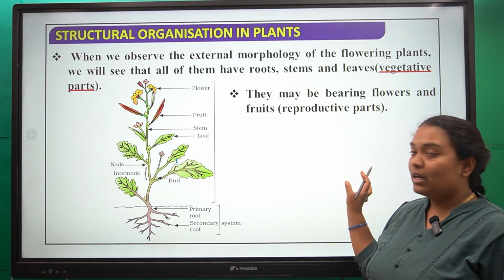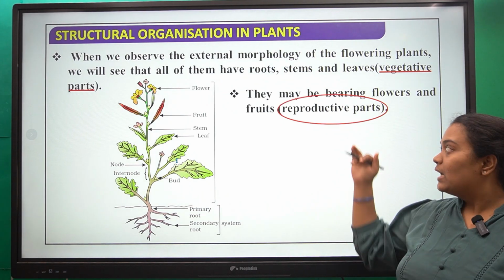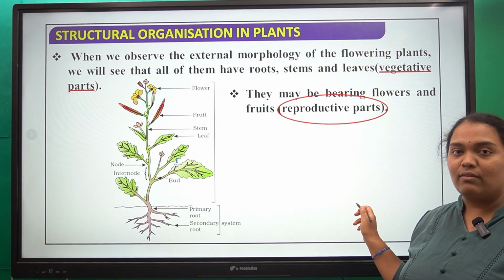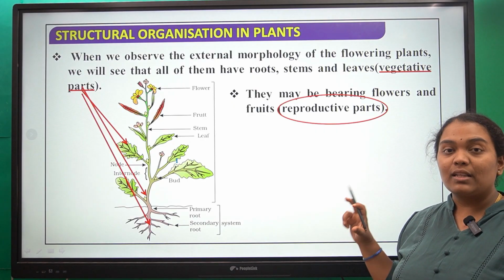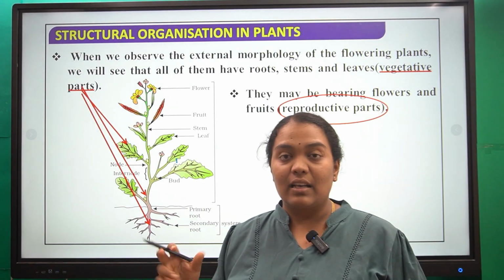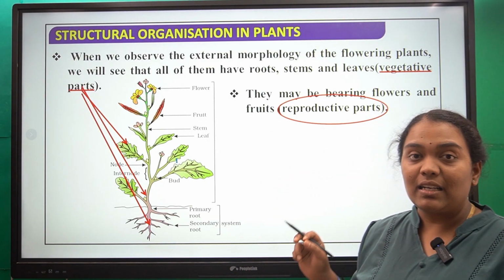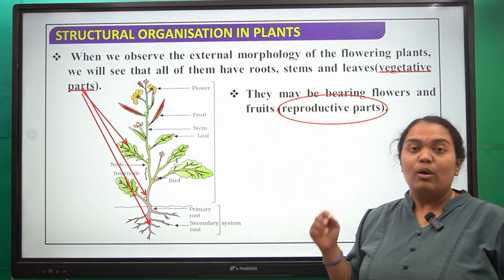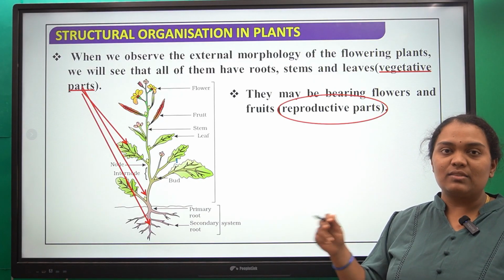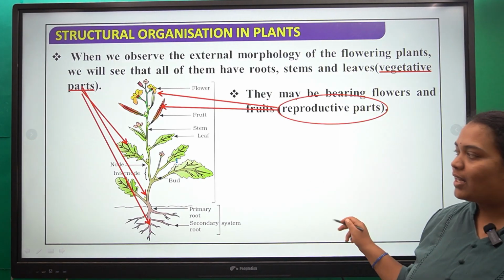That's the reason the propagation of these plants, or their ability to thrive, is totally based on what? The flowers and the fruits. Fruits, why? The seed formed by the fusion of the male and female gametes is preserved in the fruit, and under favorable conditions it will grow into a new plant. So what are these plants?